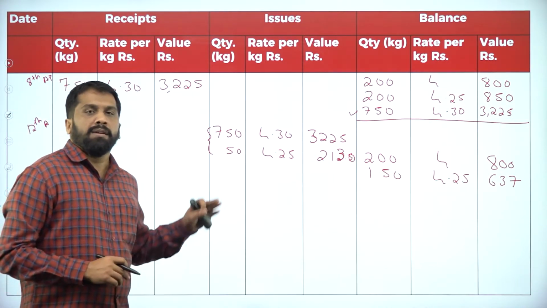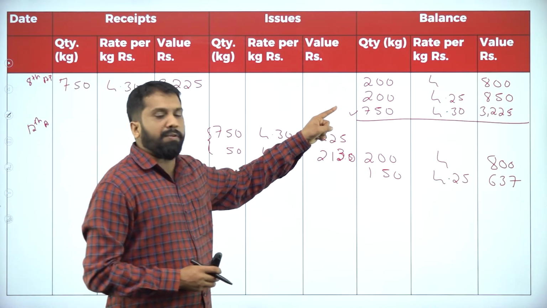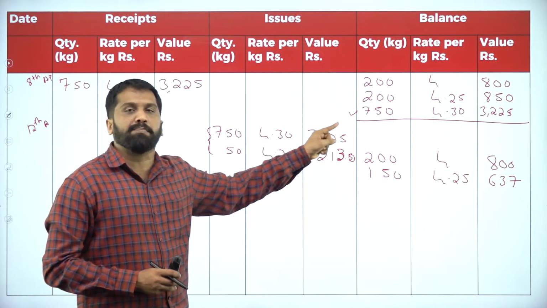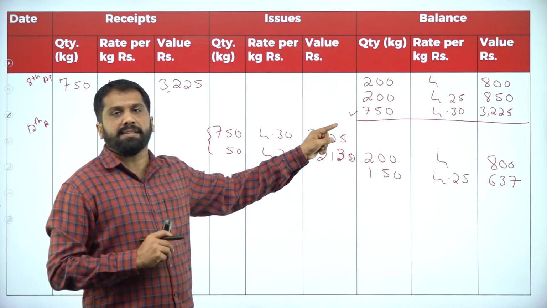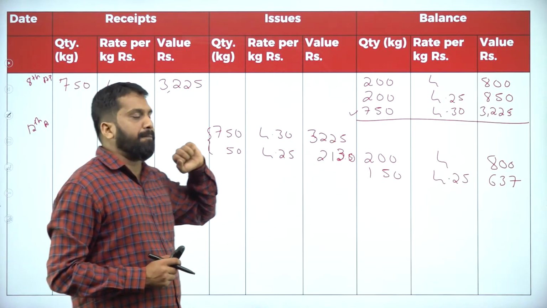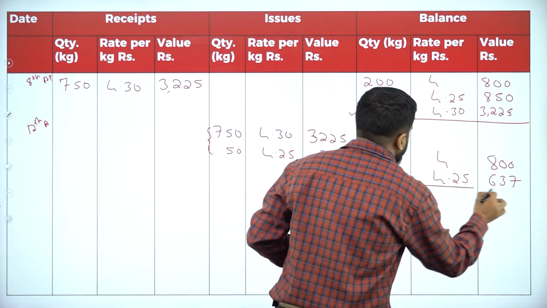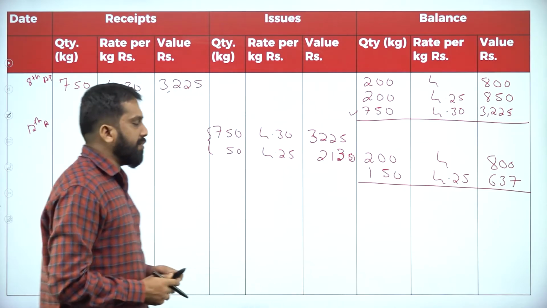Yes. So this is all about your calculation. We will not consider the last one. Why? Because we have used it completely. Clear? Yes. So you also do along with me so that you will understand better. Now, this is done. We'll go to the next one.